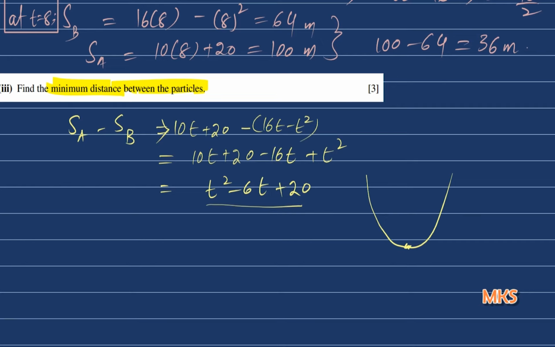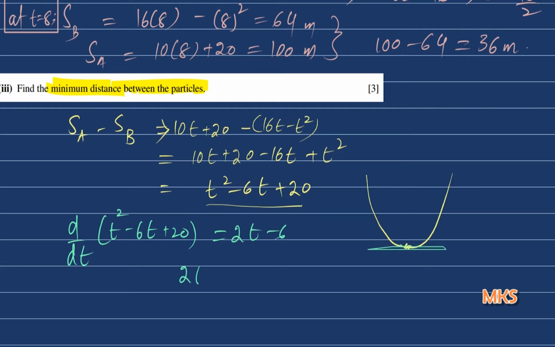We can differentiate this one, and that will give us, because at the turning point the derivative is 0, 2t minus 6.